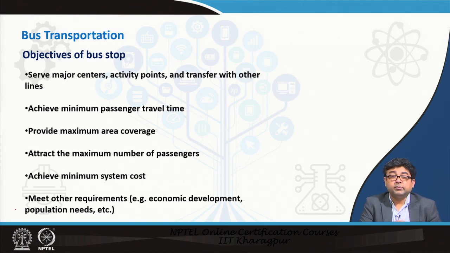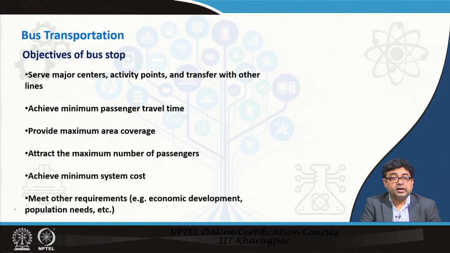It has to achieve minimum passenger travel time, right. If you remember, when we looked at the travel time components on a public transportation system, the travel time consisted of an access time as well as the time that is spent on the transit line. The location of the stations plays an important role in achieving minimum passenger travel time.